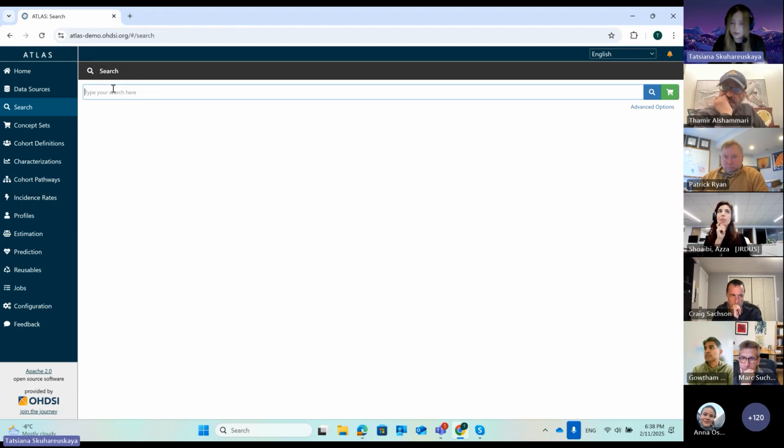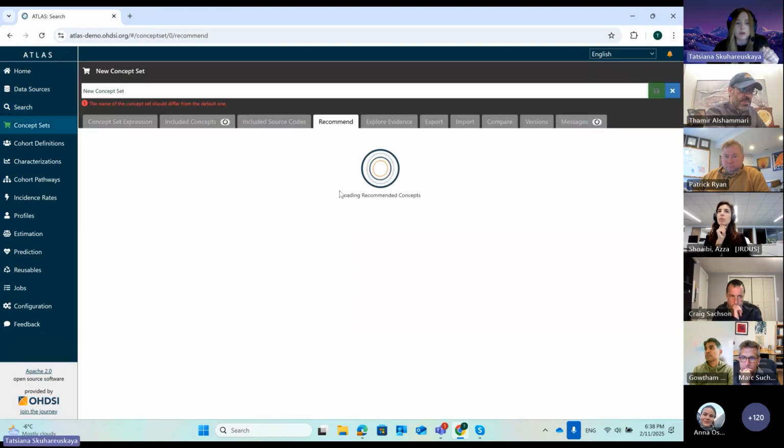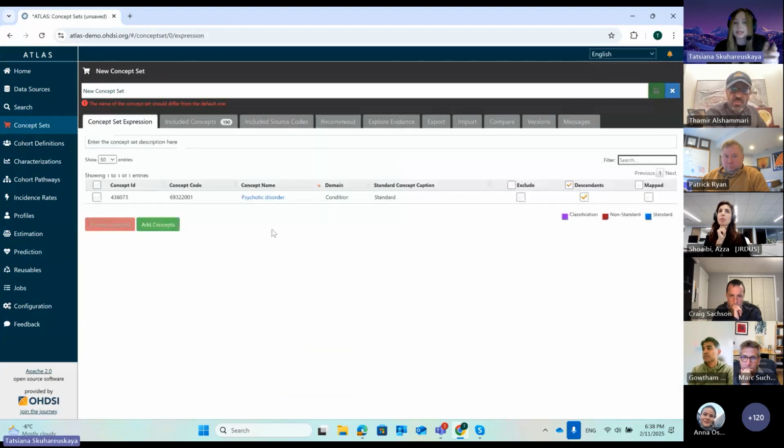So let's just type that in here. I'm going to click on a shopping cart icon so that it creates a concept set for us to start with. We go to the concept set expression and see that Atlas has already found us a perfect standard concept for what we were searching for. It is psychotic disorder with descendants.